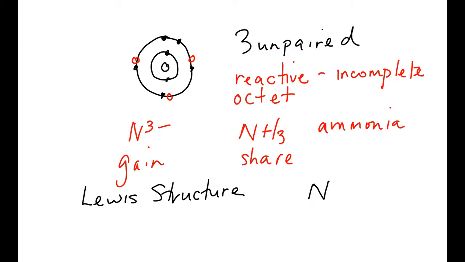So what we do is just like the Bohr diagram. You put one on the top, one on the side, one on the bottom, one on the other side, and then we start doubling up. That's the Lewis dot structure, or the Lewis structure, for a nitrogen atom.